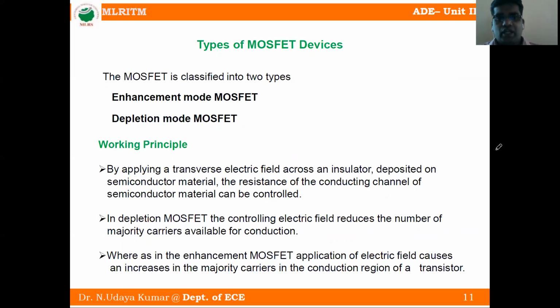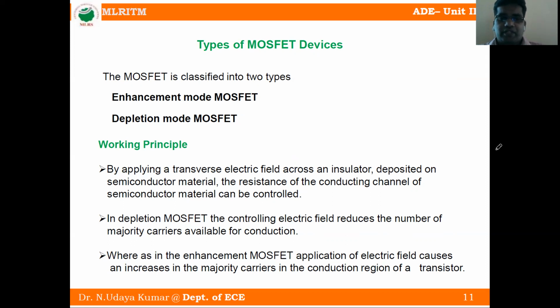First, we will see the working principle. By applying a transverse electric field, nothing but voltage, across an insulator deposited on semiconductor material, the resistance of the conducting channel of the semiconductor material can be controlled.